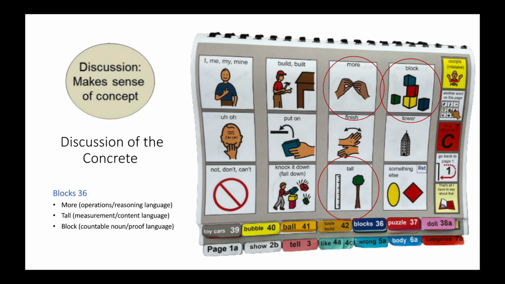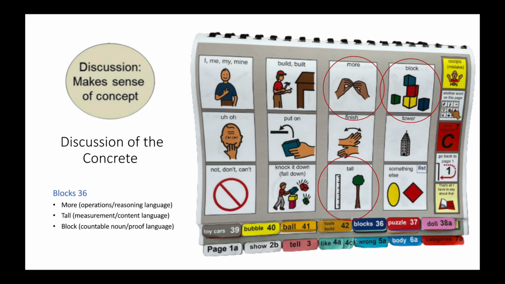If you're doing an activity like this, the units, blocks will be in there. Descriptions of height, tall, that's in there on our blocks page and more. And then, of course, different verbs associated like put on, or you could use add if you're adding blocks.